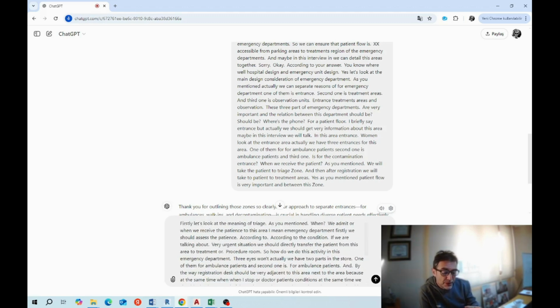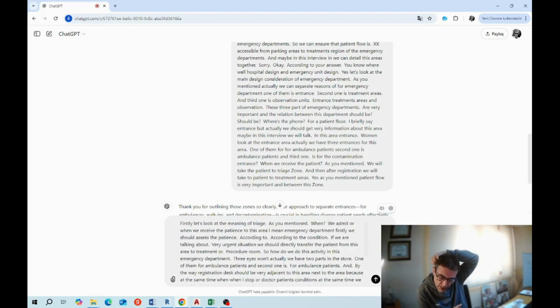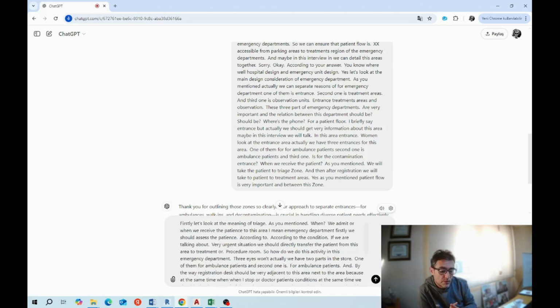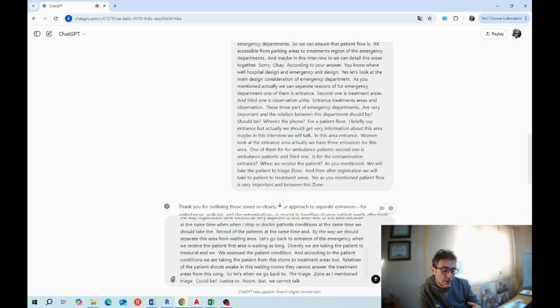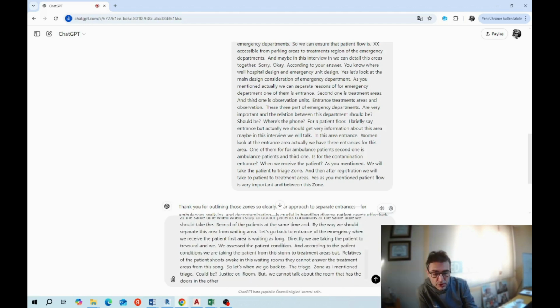So when we go back to the triage zone, as I mentioned, triage could be just a desk or room, but we cannot talk about a room that has doors and other furniture.